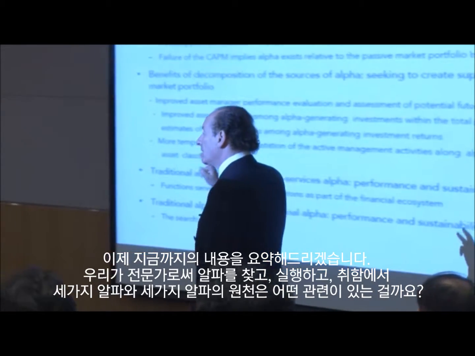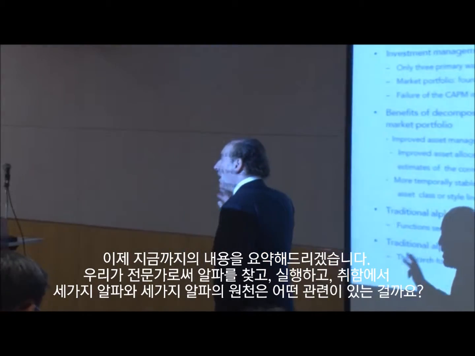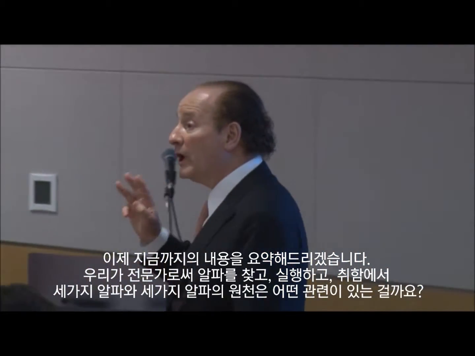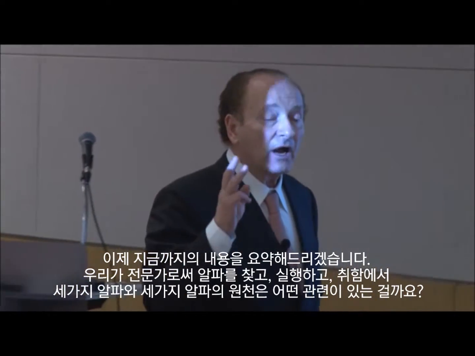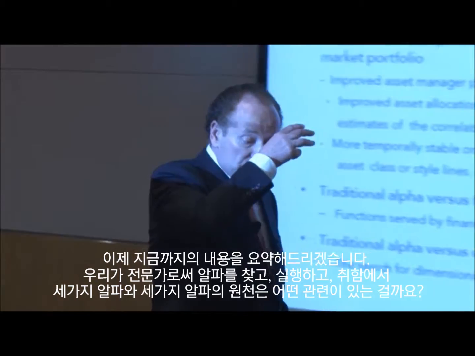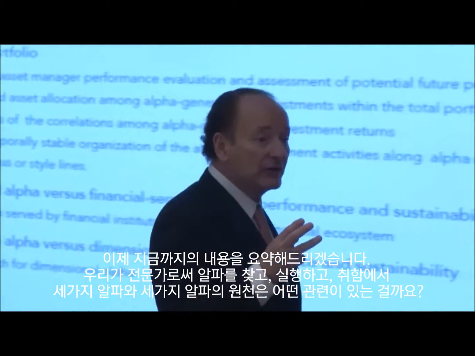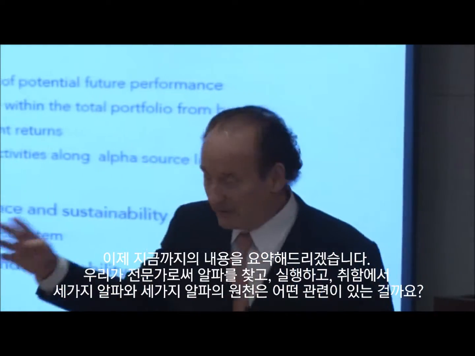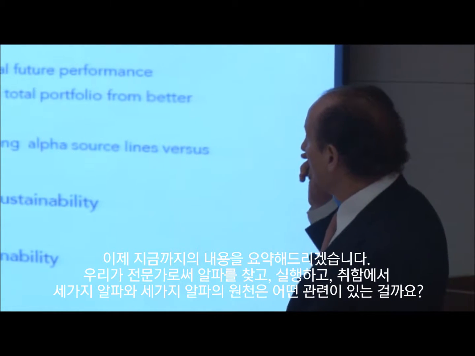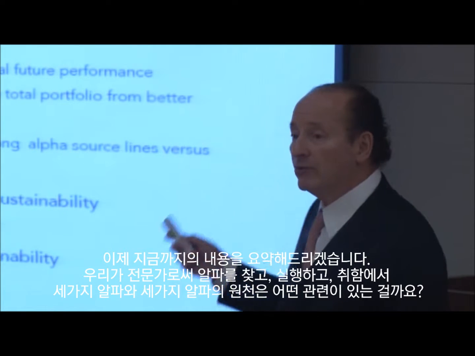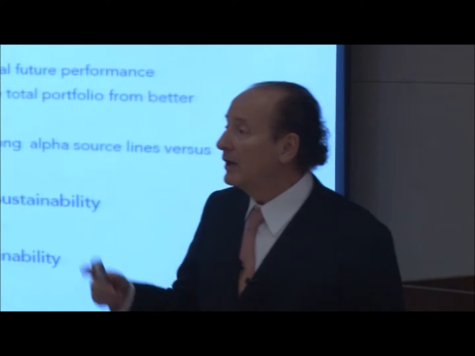Three alphas, three different sources. How does that relate to what we do as professionals in terms of getting ourselves to a better risk engine, which is finding alphas and then executing, taking them? Well, those are the three places where you can improve it.